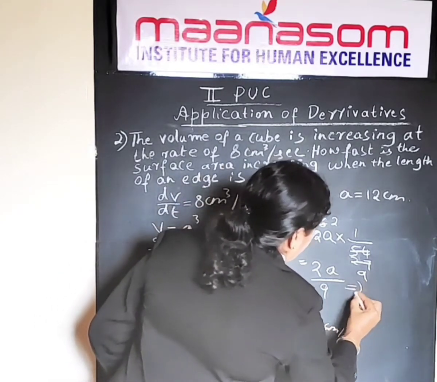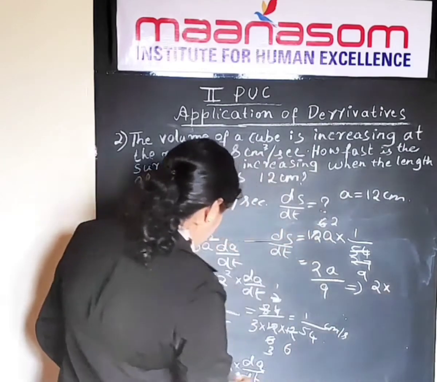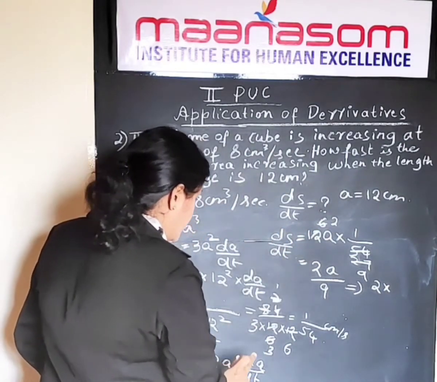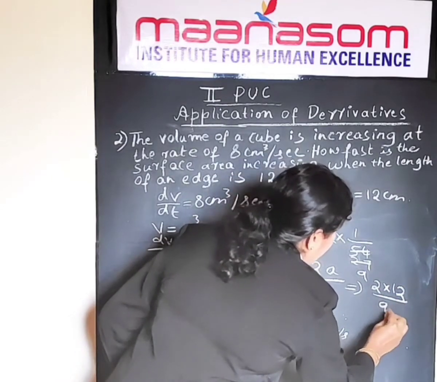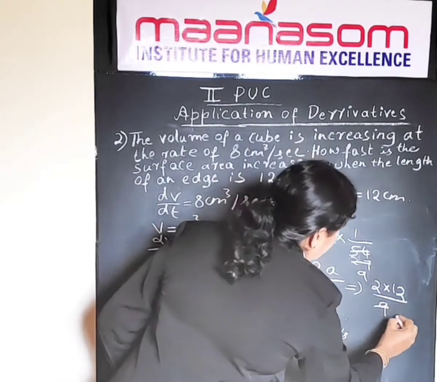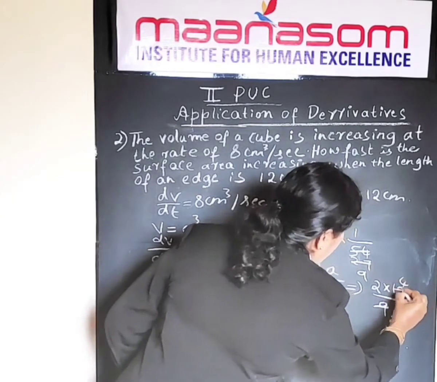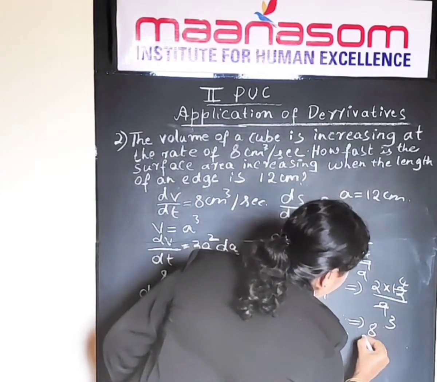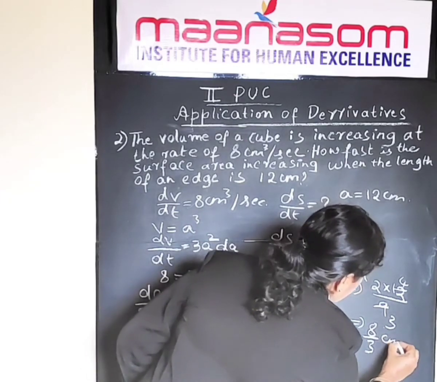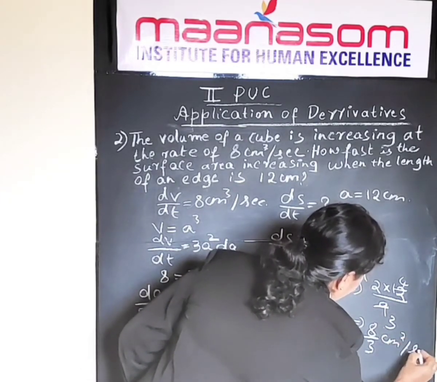So if we put the value of a, that is 2 into, our a is 12 here. So 2 into 12 divided by 9. 3 3s are 9, 3 4s are 12. So the answer will be 4 2s are 8, 8 by 3 centimeter square per second.